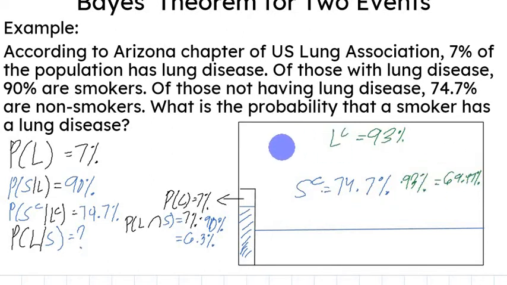While here, those that are smokers but without lung disease would actually be, since this is the complement already, 1 minus 74.7%, and you multiply that to your 93%, and this will actually give us a result of 23.53%.